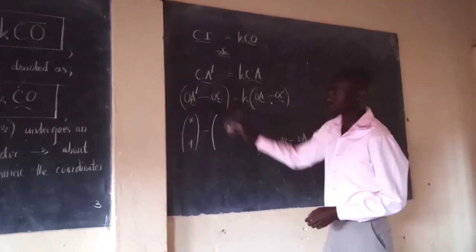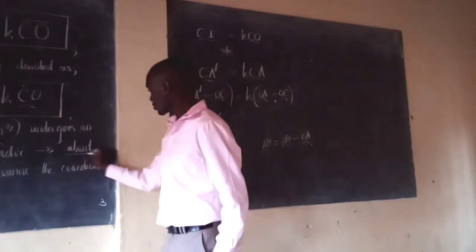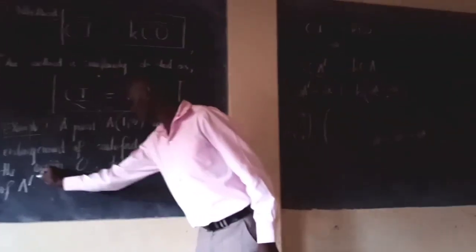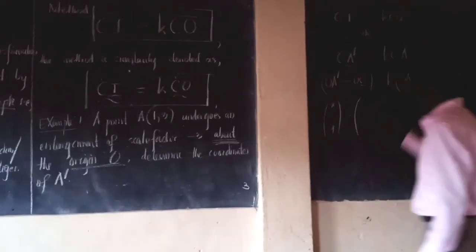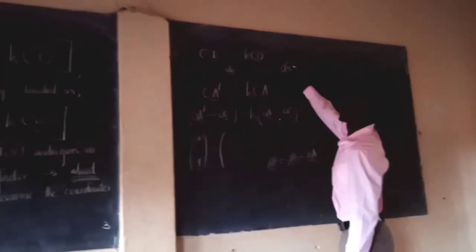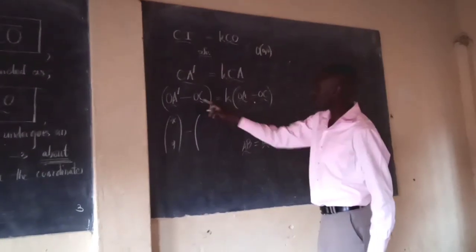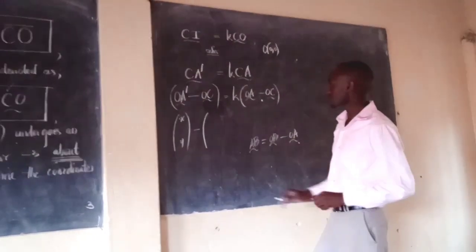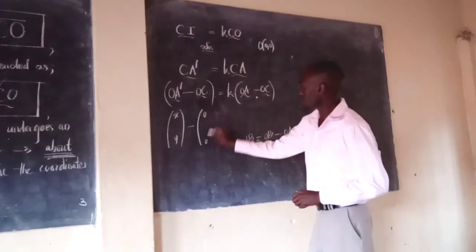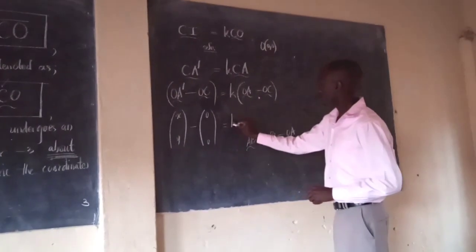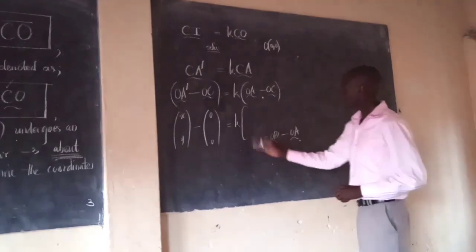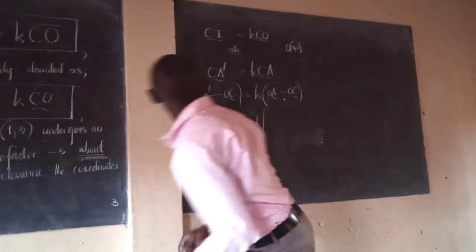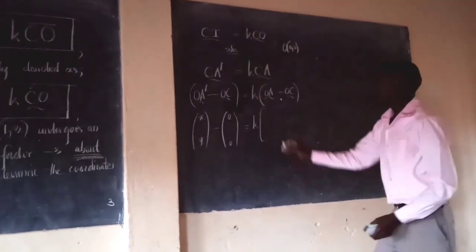OC is the center. Our origin, about, keyword, about. When we are told that about a certain point, the origin is (0, 0). Origin means (0, 0). So, about the center. About automatically implies the center. So, OC is (0, 0), which is equal to K into OA.